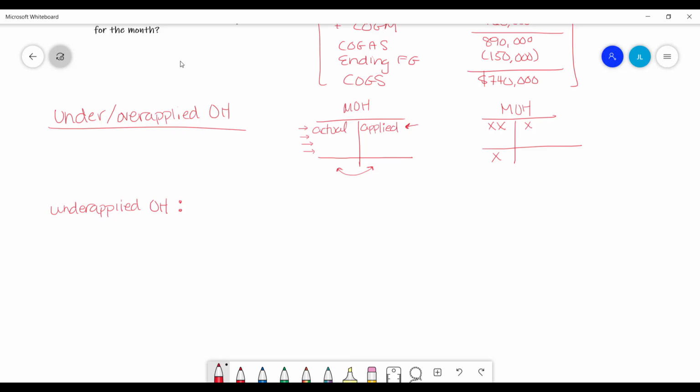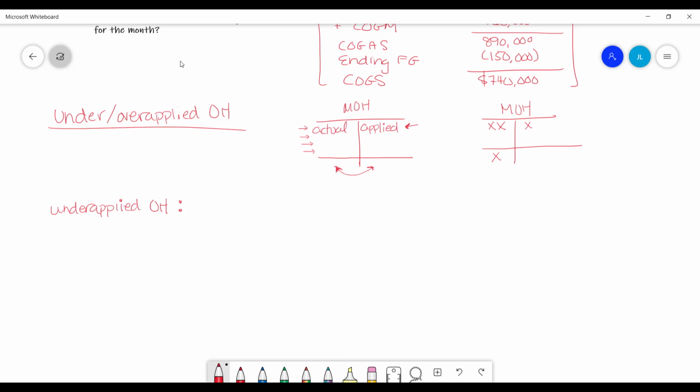Okay, so when underapplied overhead exists, the amount of overhead applied to jobs during the period using the POR is less than the actual amount of overhead that we incurred. So that means we probably just undershot or underestimated when estimating total overhead costs and estimating the allocation base, and so on and so forth.